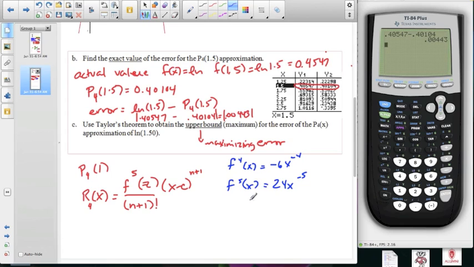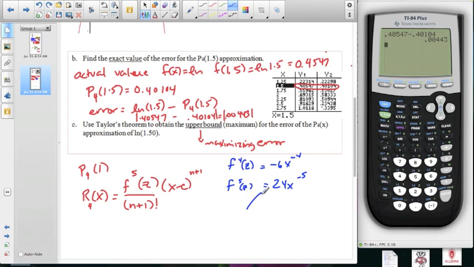So now we ask ourselves, well, this is really our f of z. We have to maximize this in that numerator. So this is really our f of z.